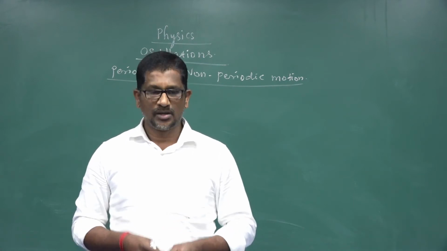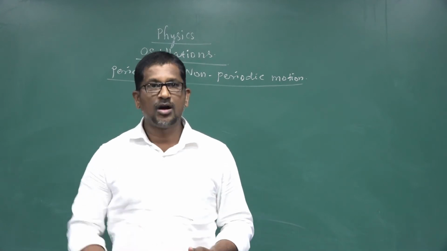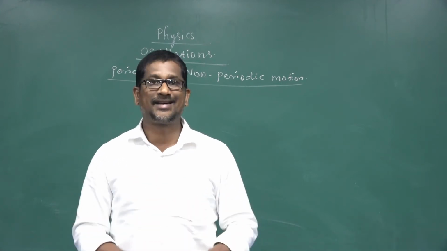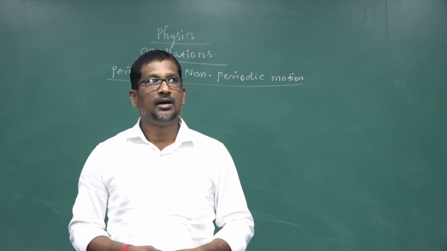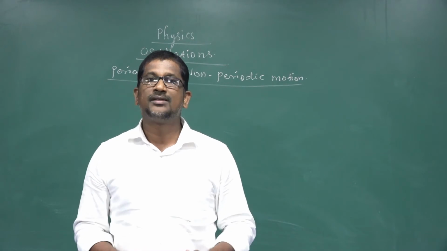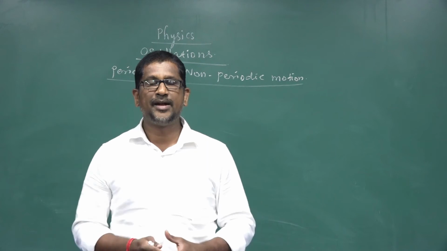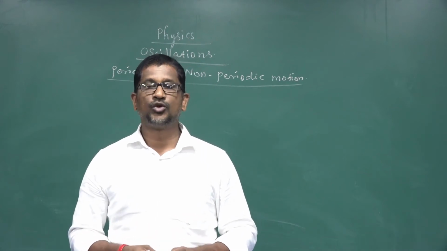For example, a man walking on a straight road, or a car moving along a straight track, or an insect moving on a wall. So these are a few examples of translatory motion, right? The motion of the particle along a straight line path is known as translatory motion.